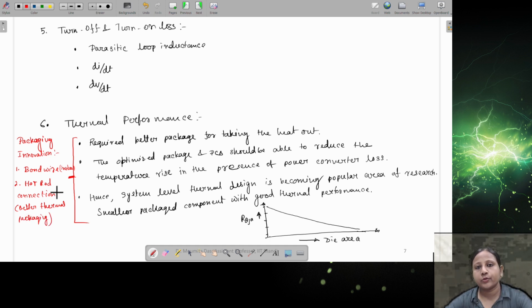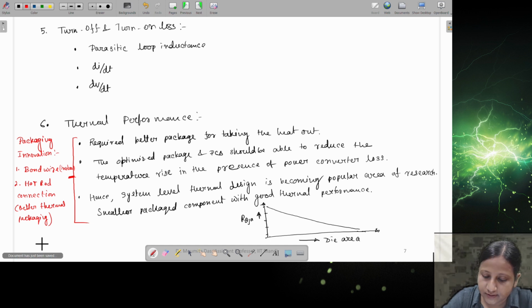Devices generally have bond wire. If instead of bond wire we go for hot rod kind of technology, then it has better thermal packaging. Okay, so this is hot rod interconnection. This comes under the device part. So we can select those kinds of devices which have connections without bond wire, and that will give us better thermal performance.